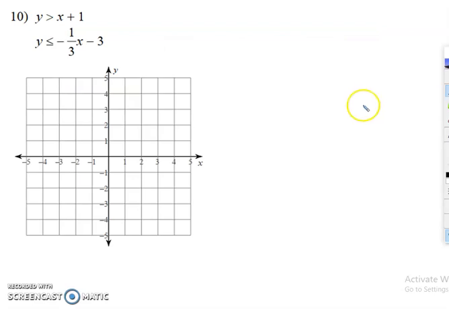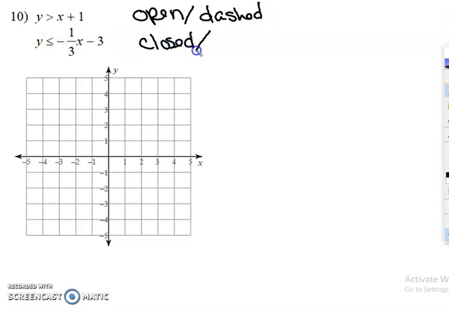All right, so now we have this right here. Go to number 10. The first thing I always ask myself is, is this open or closed? This one is going to be open, or dashed. This one down here is going to be closed, if we had used the other symbol, or solid.